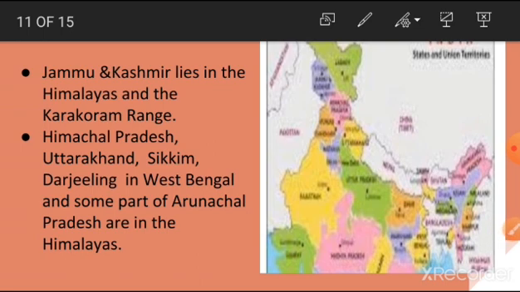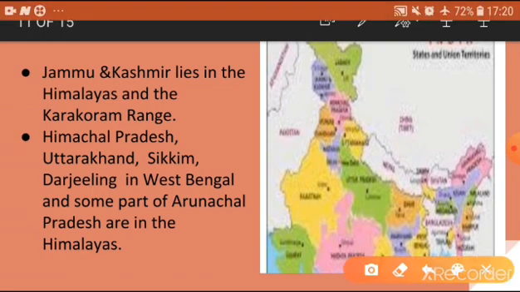Next, Jammu and Kashmir lies in the Himalayas and the Karakoram range. So this Jammu and Kashmir lies in both the Himalayan mountain ranges as well as the Karakoram ranges.